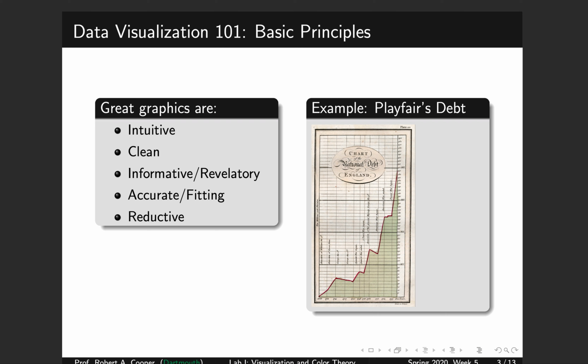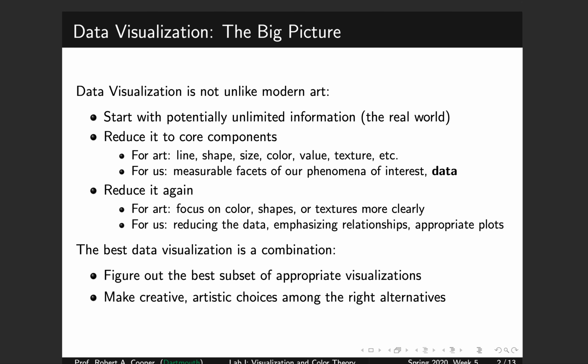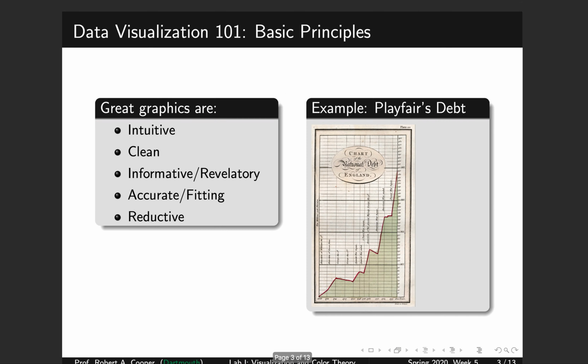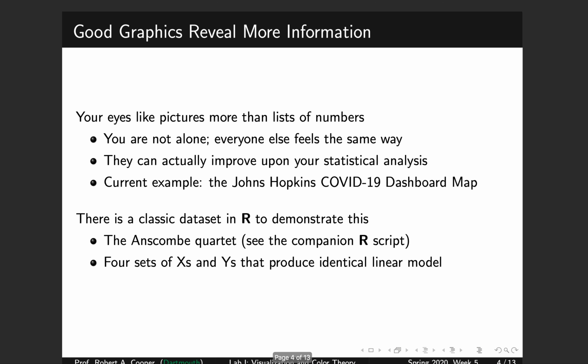The visualization needs to be accurate. You shouldn't be misleading the viewer of the information that's being relayed. And it should be reductive, in the sense of what I was saying before, that you are reducing an incredibly complex world into a few elements on a plot, right?